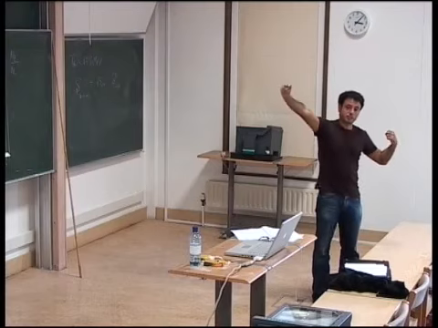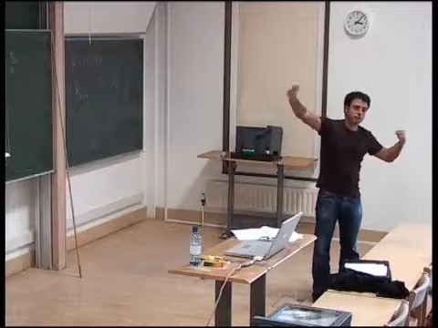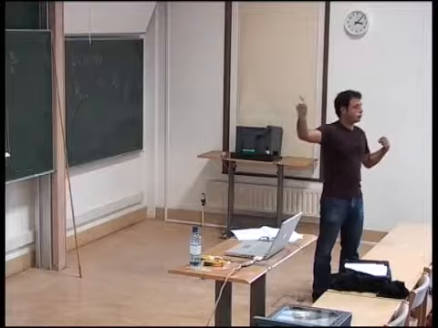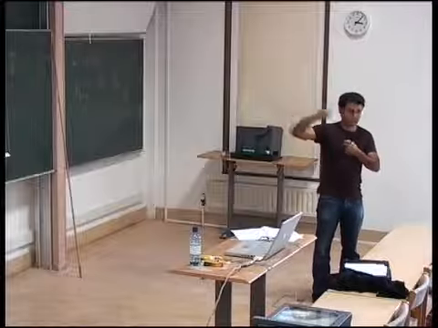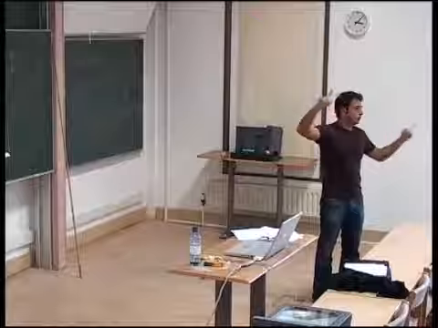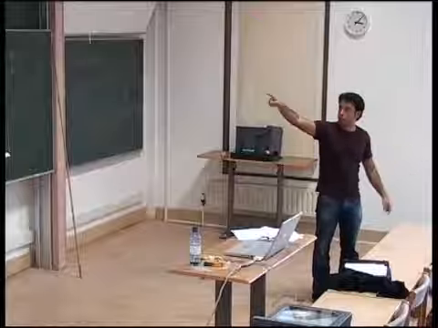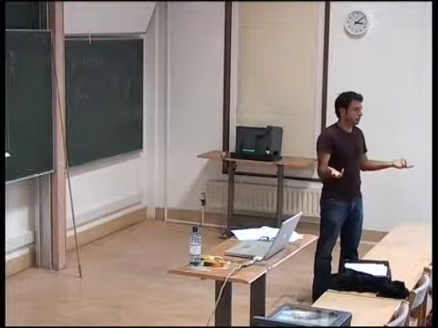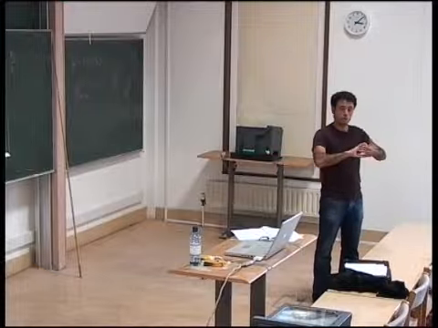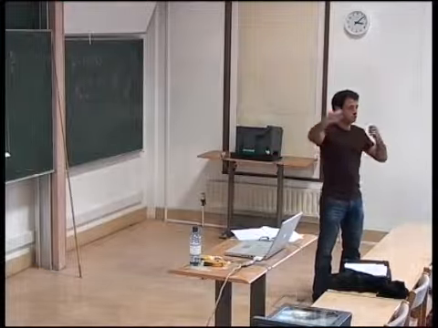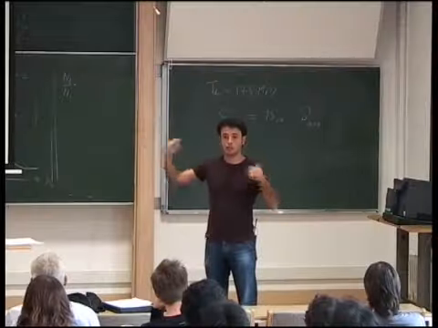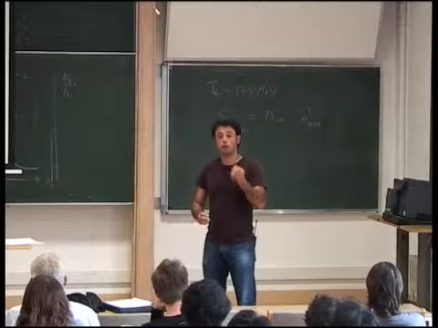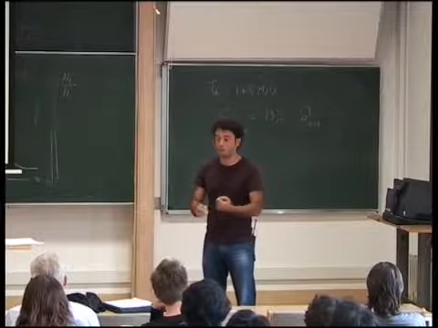If those moving partons didn't interact strongly with the plasma, what you would get when you look at these back-to-back jets for heavy ion collisions and for proton-proton collisions would be the same. Because the only difference between the two is that in one of them you have this medium in which the back-to-back jet is propagating, and in the other one you don't. And what you see is a very strong suppression of back-to-back jets.